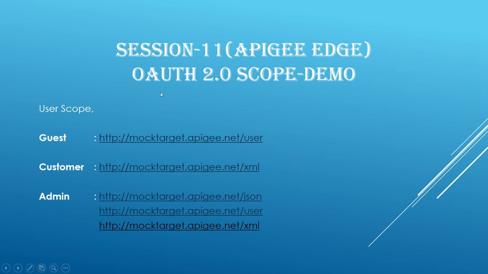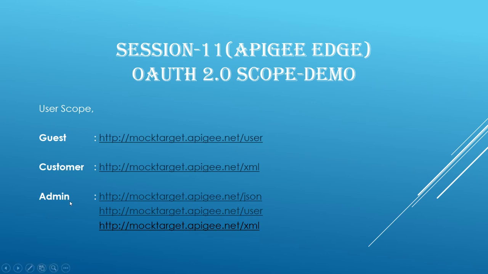For example, if the user scope is guest, then we should allow access to this endpoint only when their scope is guest and when the user has a valid access token. Similarly, if the user scope is customer, then we should allow the request to this endpoint only when the user provides a valid access token along with the customer scope.